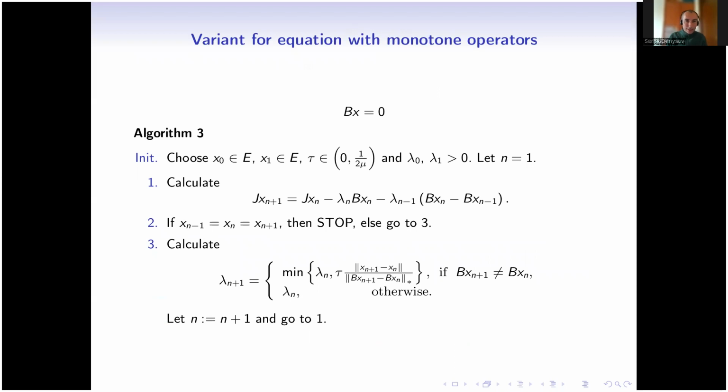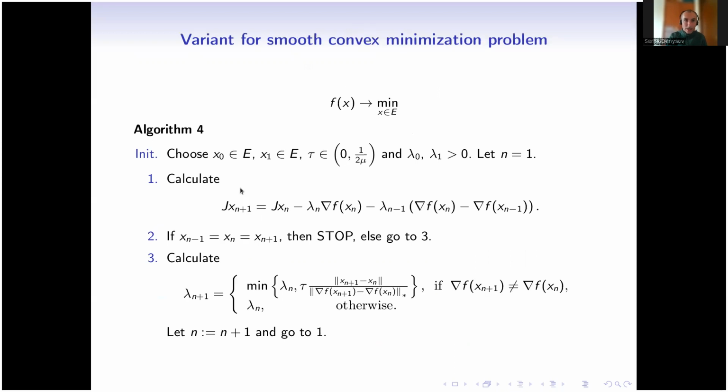Also, some simplified settings for sub-problems. For example, for equation with monotone operator, the algorithm becomes this algorithm 3. So we have no resolvent here, and all the rest is the same as in algorithm 2. For unconstrained convex minimization, we can formulate it as algorithm 4.